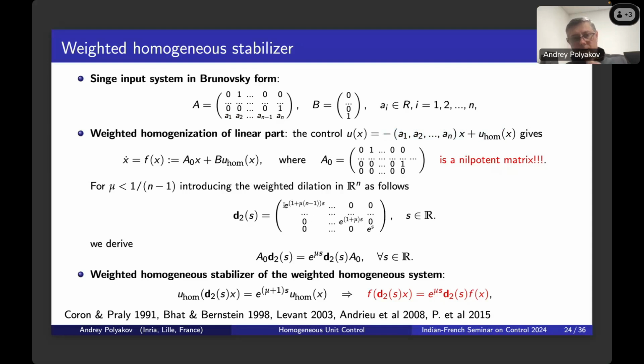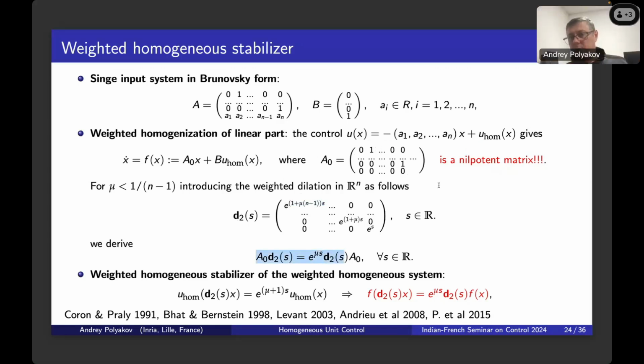In this dilation, we have special definitions of the scaling elements. Each component of the vector has to be scaled with a different degree: multiplication by lambda to a special power r1. These are the parameters. With such a selection of dilation, the matrix A0 is a non-zero matrix now.